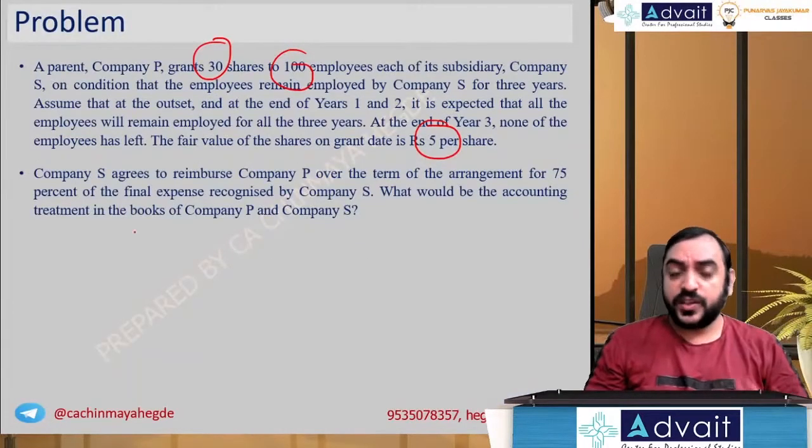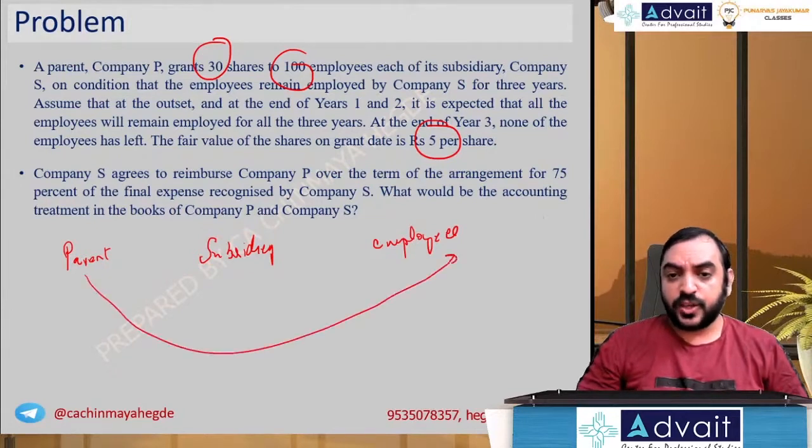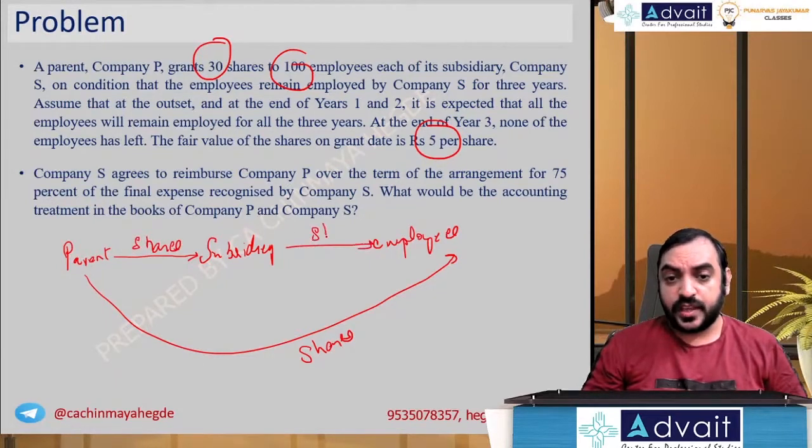To explain in other words, you can treat it like this. You have the parent company, the subsidiary company, and the employees. Effectively what is happening is the parent is giving the shares to the employees directly. But accounting will not happen like that. Accounting will be like the parent has given the shares to the subsidiary company, and the subsidiary company has given the shares, or let's say cash, whatever it is, to the employees.